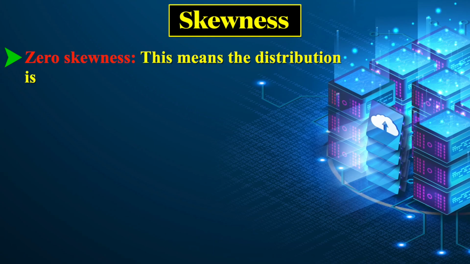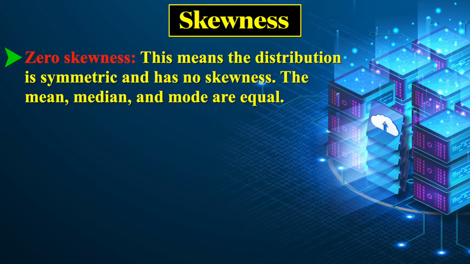The types of skewness are zero skewness, positive skewness and negative skewness. Zero skewness means the distribution is symmetric and has no skewness. The mean, median and mode are equal. In this case, all three values will come out equal.